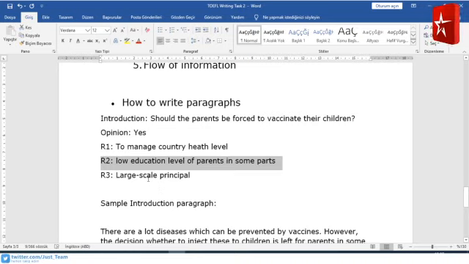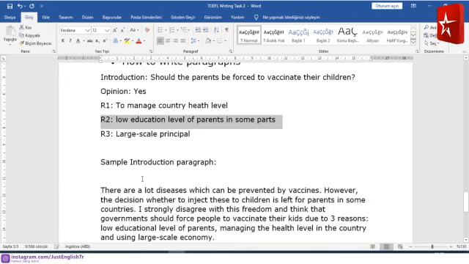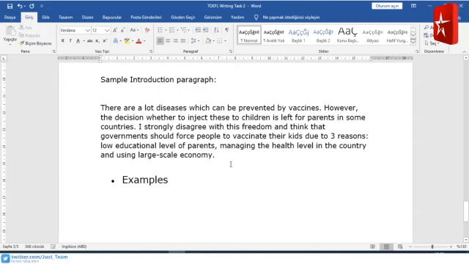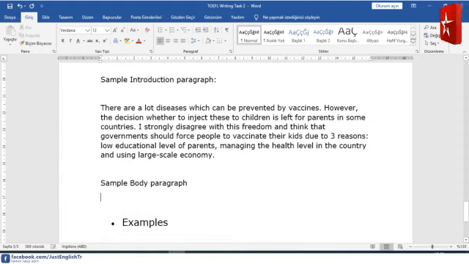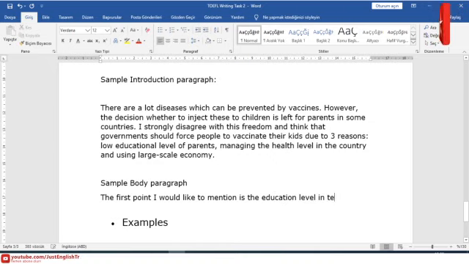As I have said, I need to write some kind of opening sentence. Simple body paragraph. My opening sentence can be something like this. The first point I would like to mention is the education level in the country or the specific region.